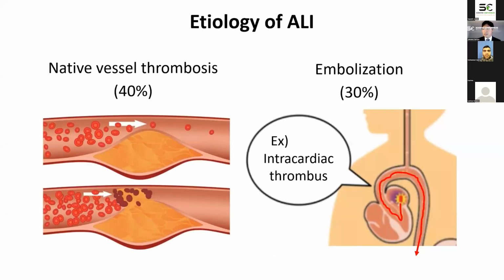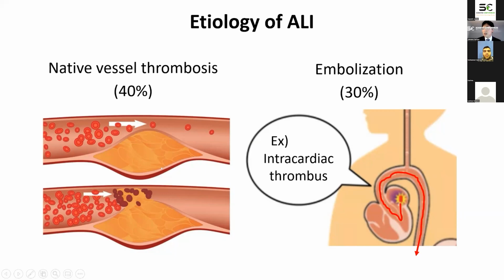Before the main topics start, the etiology and severity of ALI need to be understood. The etiology of ALI can be classified into several categories, but almost all ALI occurs for two reasons. They are native vessel thrombosis and embolization. Native vessel thrombosis usually occurs in atherosclerotic plaque.